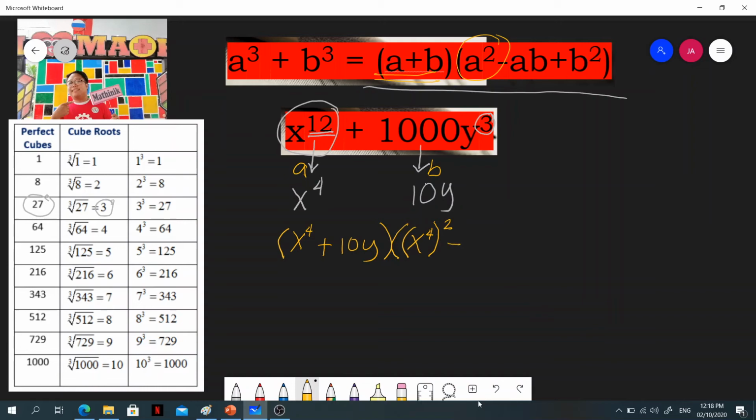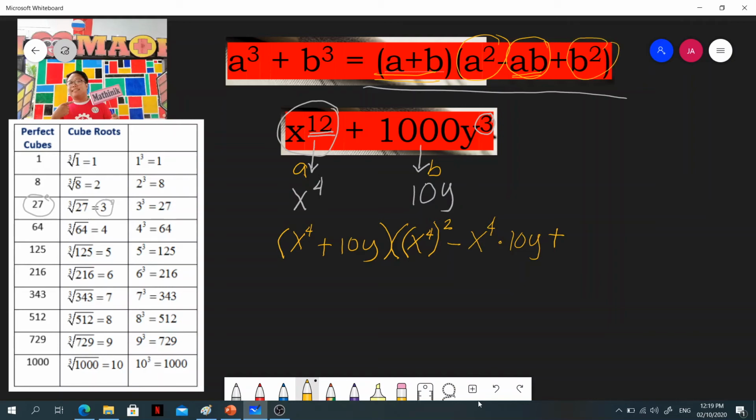Minus AB. Pag multiply natin si A at B. Okay. So, x to the 4th times 10y. Kasi A, B. Pinagmumultiply po natin yung A at B. Plus B squared.